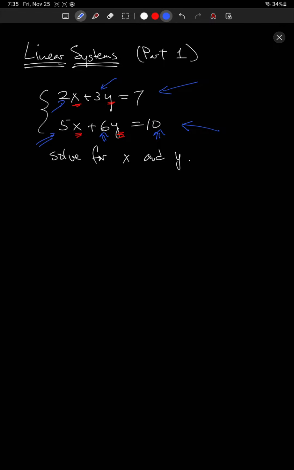But of course, we can extend this kind of problem to as many unknowns as we want and as many equations as we want. And we'll be doing some analysis of those kinds of problems in part two. By the way, this is two variables, x and y, and two equations.